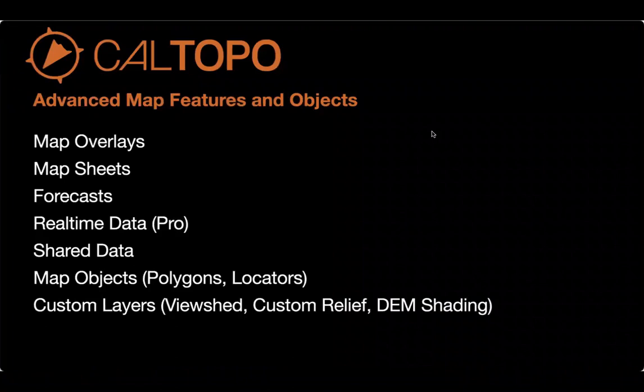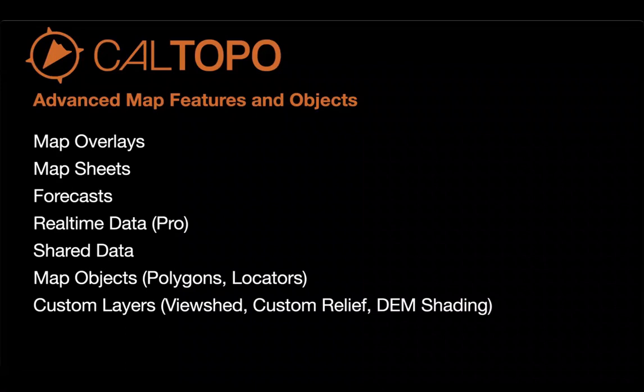And so we're going to take a look at things that I find particularly useful. And I think this is where some of the really good stuff is, and I think y'all will enjoy it. So we'll look at map overlays, which are basically items that add additional information to existing maps.